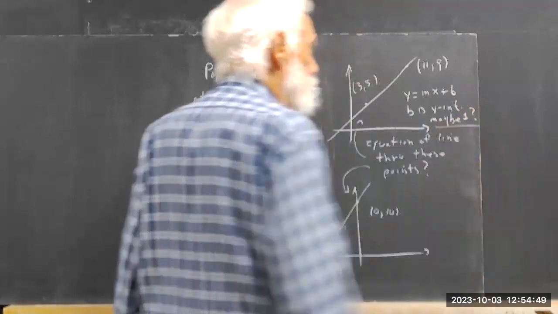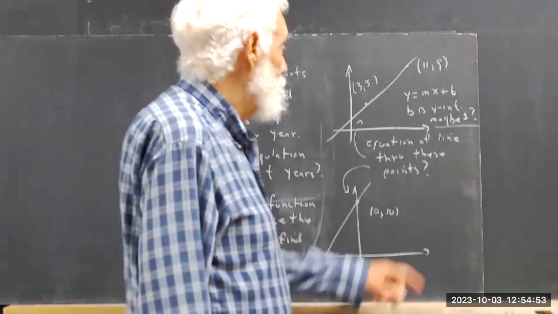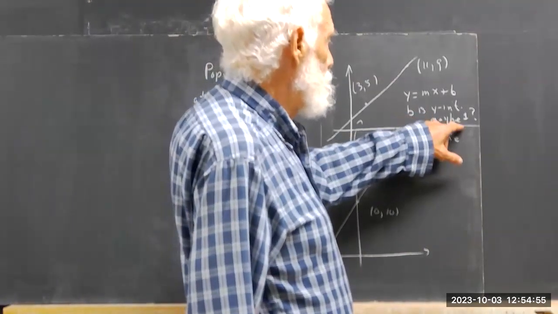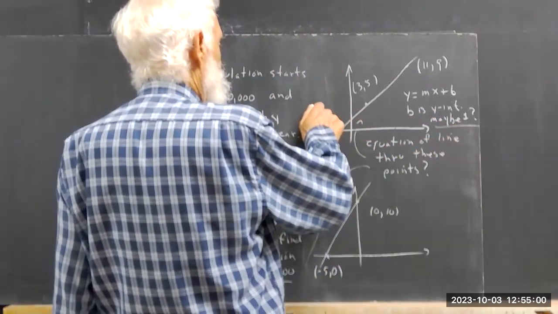The b is the y-intercept, and it's maybe 1, because it looks like that one maybe.